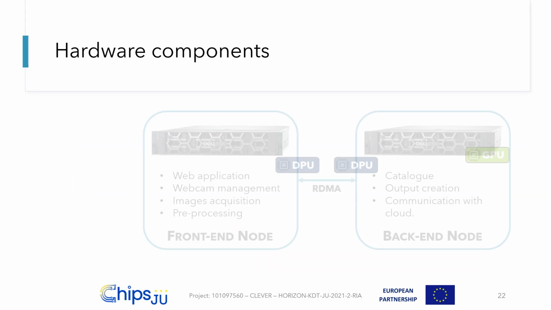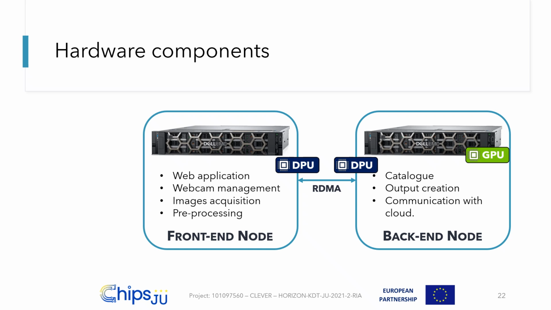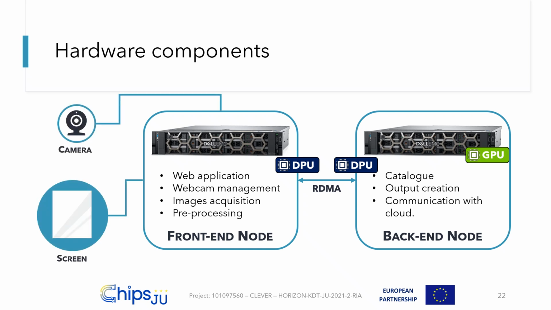The demonstrator consists of a web application, deployed through two Dell EMC R740DX PowerEdge servers. The front-end node is where the application is launched and where data are initially collected and processed. Users may access the service through an HTTPS link, enabling their own cameras to collect pictures.